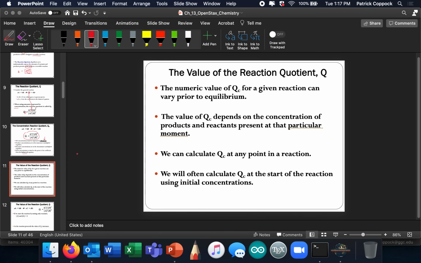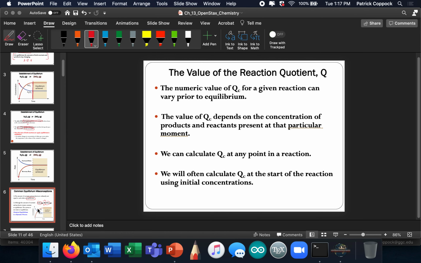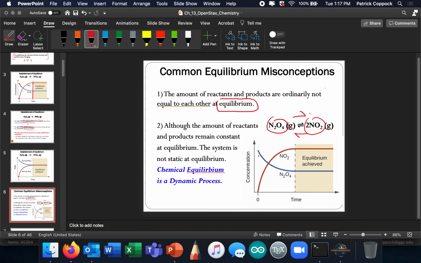All right, so the numeric value of Qc for a given reaction varies prior to equilibrium. So we found in a previous conversation, let me go back up and show that, right? Remember this? We were looking at this, and we said the amount of N2O4 is going down, and this is the reactant, right? Here's the reactant right here.